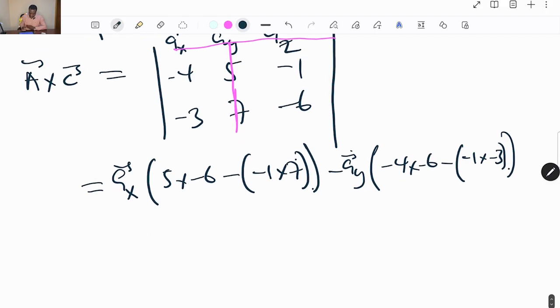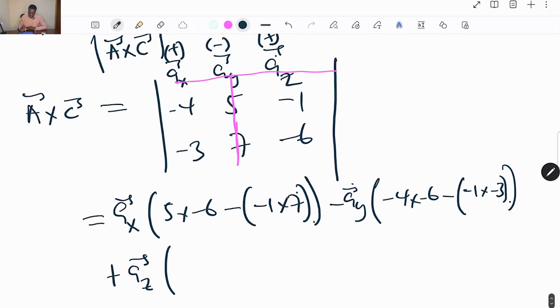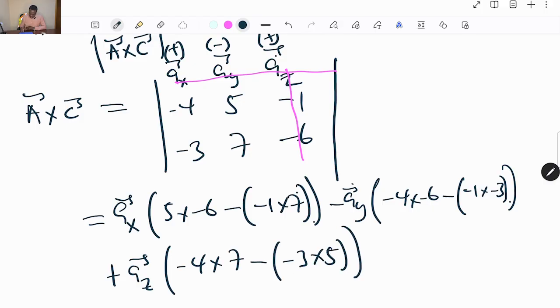Then the last one, plus along the z-axis, third column: -4 times 7 minus (-3 times 5).